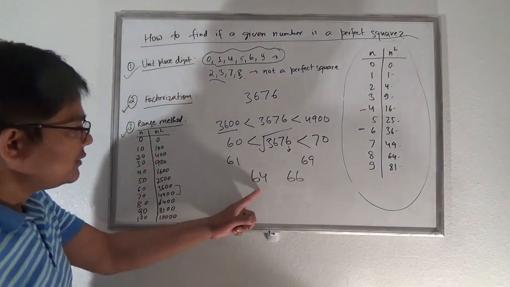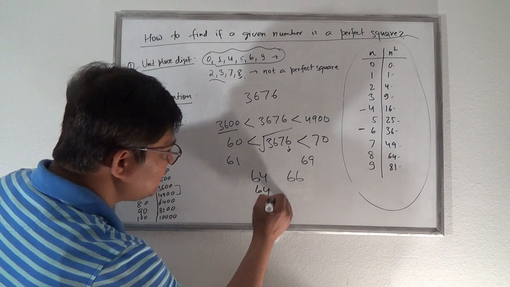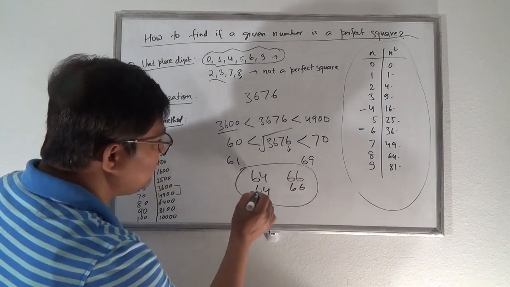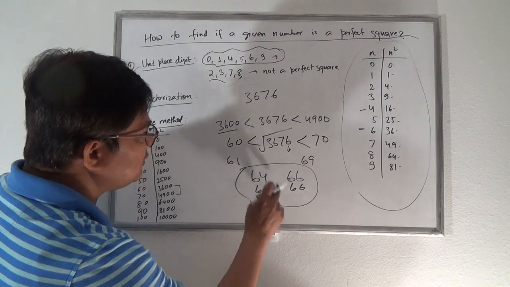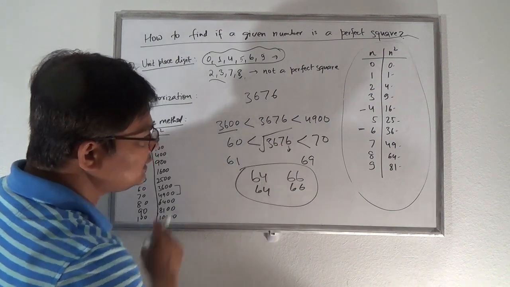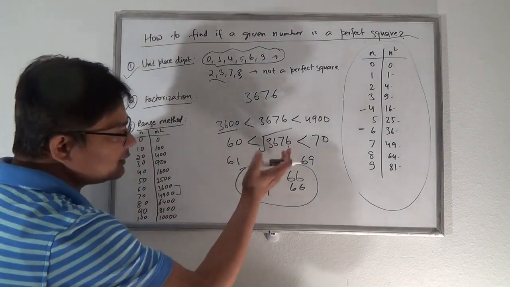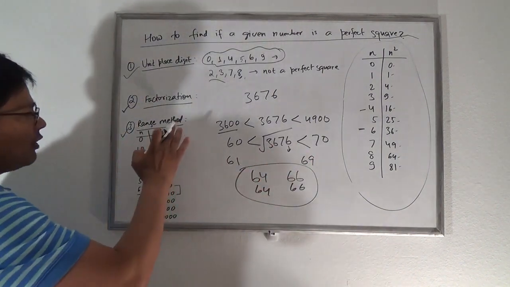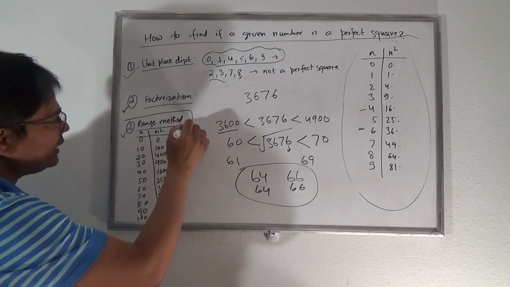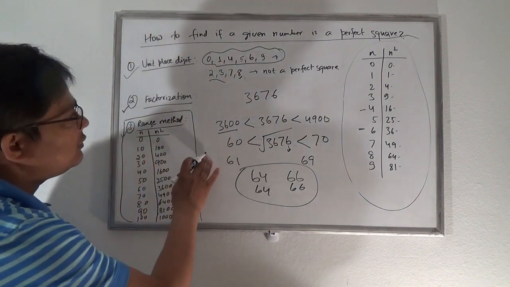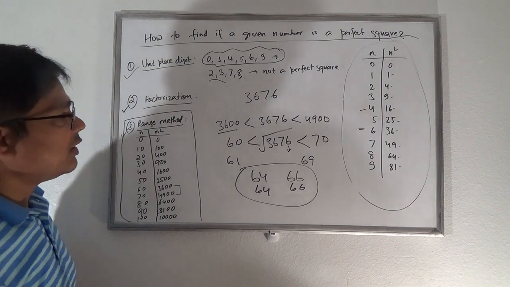If we multiply 64 by 64 and 66 by 66, and these two multiplications are not giving 3676, we know that it's not a perfect square. If one gives this number, it's a perfect square. So this range method is one of the quickest ways to find whether a given number is a perfect square or not.